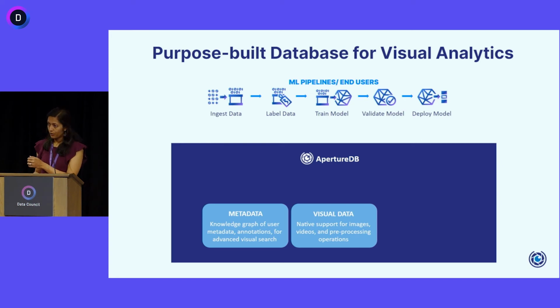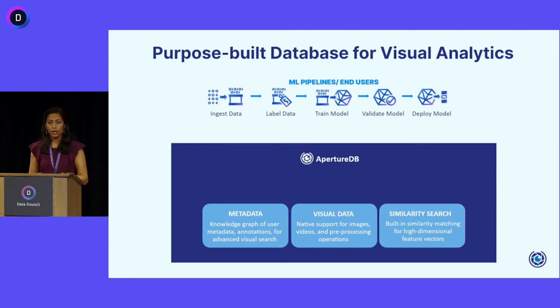Now, a third aspect of search, because the uniqueness of visual data is that feature vectors or embeddings can help you define the content in these things. So that allows you to do similarity searches based on object similarity. So the third thing we support is indexing n-dimensional feature vectors and doing similarity searches.